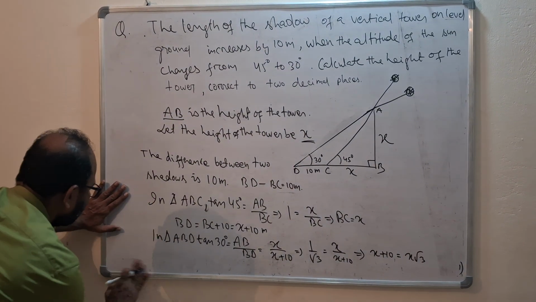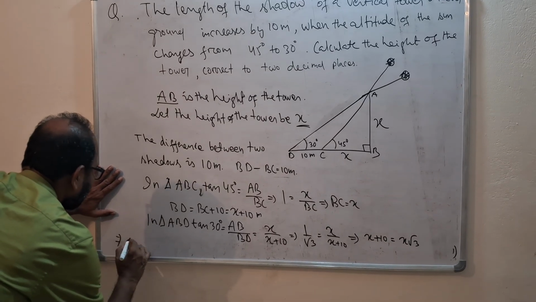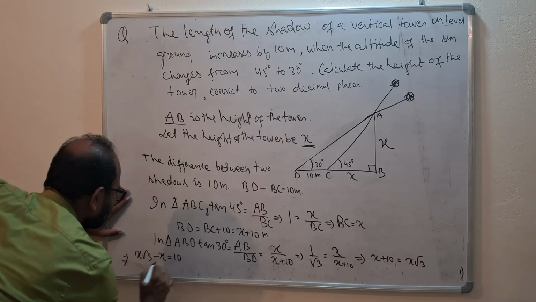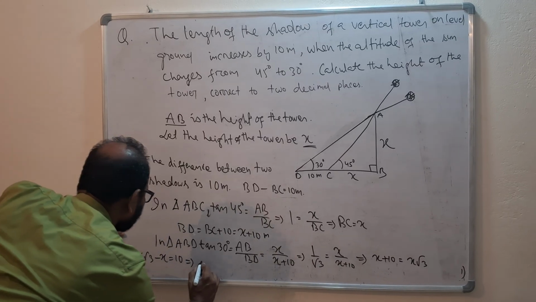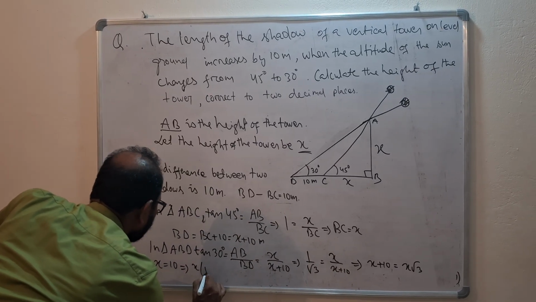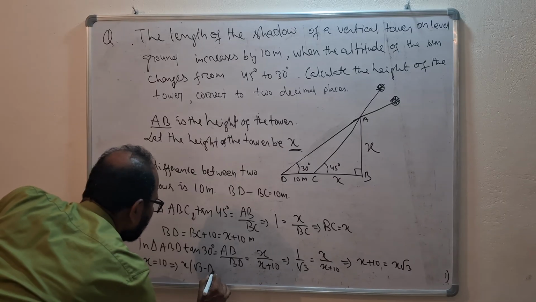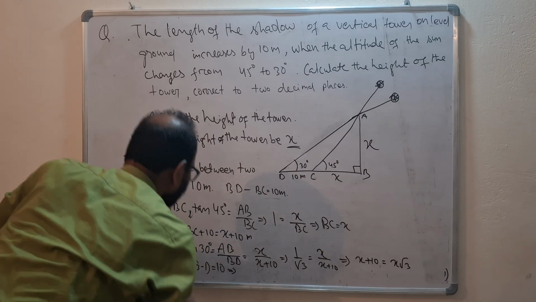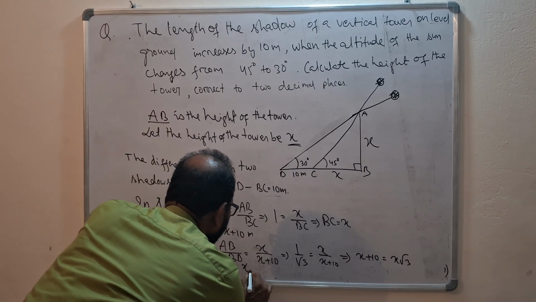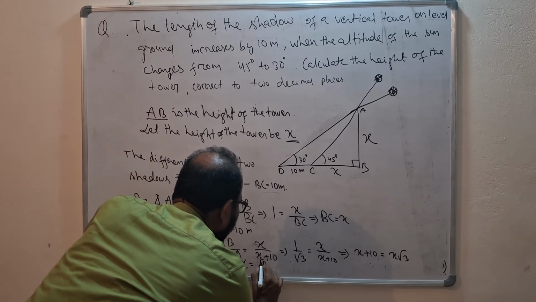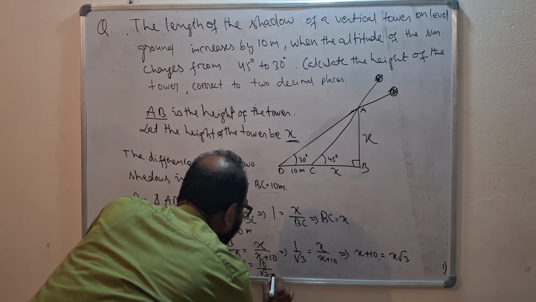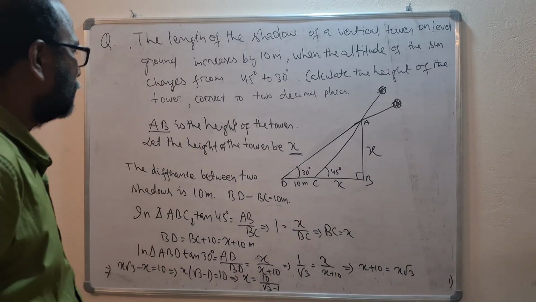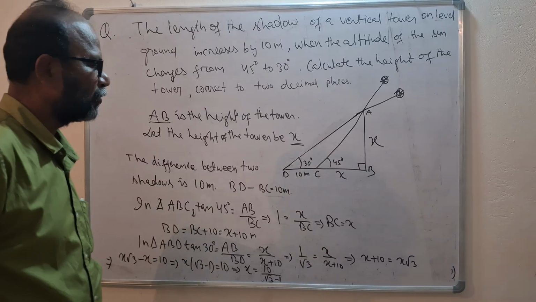Taking x common, x into root 3 minus 1 is equal to 10, which implies x is equal to 10 by root 3 minus 1.